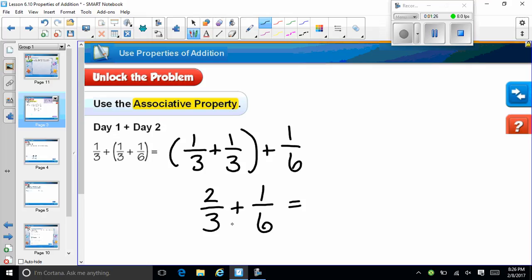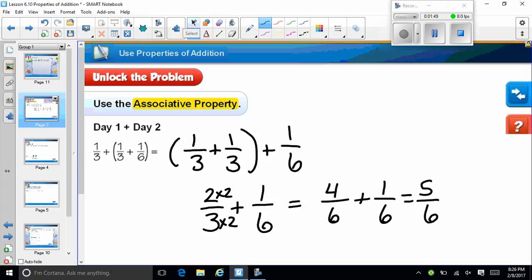If I multiply this 3 by 2, I'll get a 6. So whatever I do to the bottom, I do to the top. My new equation is 4/6 plus 1/6 equals 5/6, and my final answer is 5/6.